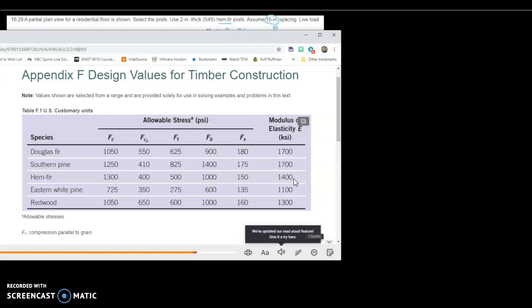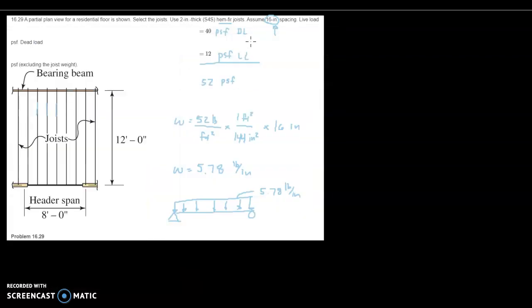And the modulus of elasticity is 1400. So let me write that down. FB, allowable bending stress, for our hem fir is 1000 psi. Our allowable shear stress is 150 psi. The modulus of elasticity is 1400 psi.